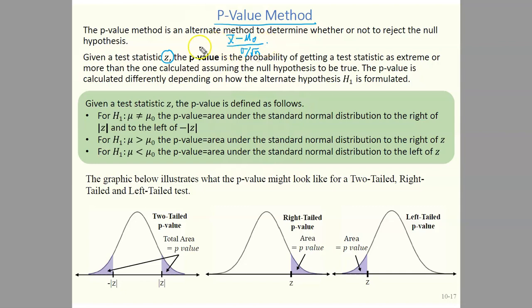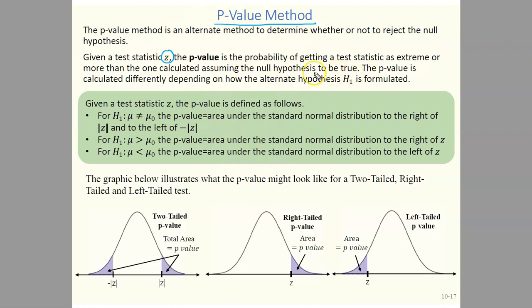That is your test statistic z. Then the p-value is the probability of getting a test statistic as extreme or more than the one that you calculated, assuming that the null hypothesis is true.